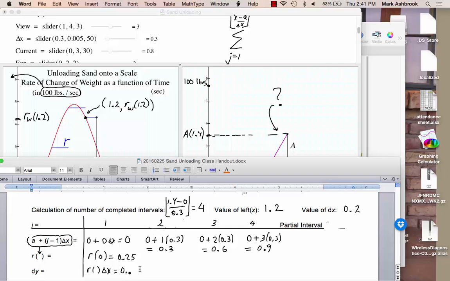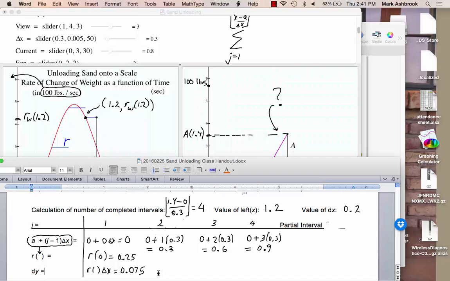Help me out. 0.075? What is it? Is that right?